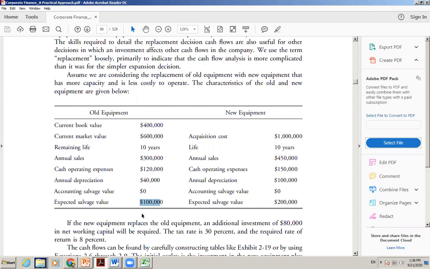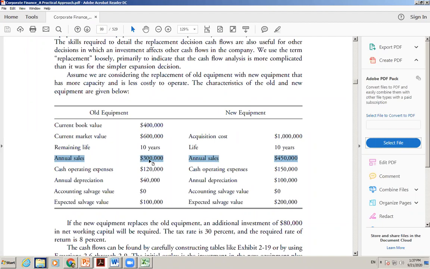However, you decided to replace with the new equipment. It can be any types of equipment, okay? So acquisition cost is 1 million. The life is 10 years. Annual sales 450. Look, now you're purchasing not because of the cost saving, but because you're purchasing for the sale, that the sale will be higher by 150,000 here.